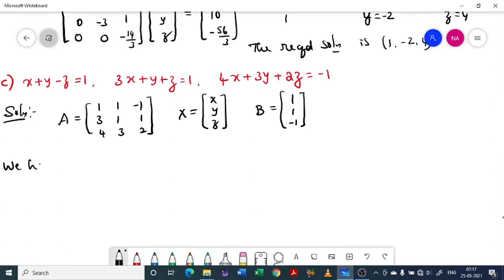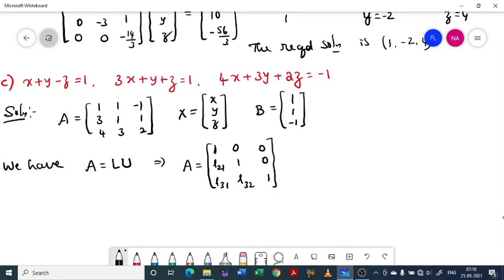We have A equal to LU, and that implies A equal to, L means 1 0 0, L21 1 0, L31 L32 1, and U is U11 U12 U13, 0 U22 U23, 0 0 U33. Right?